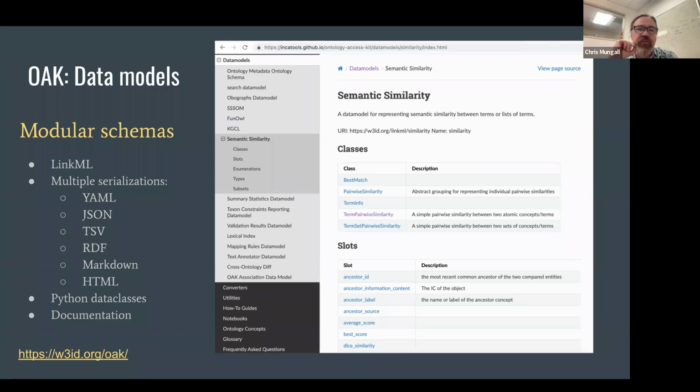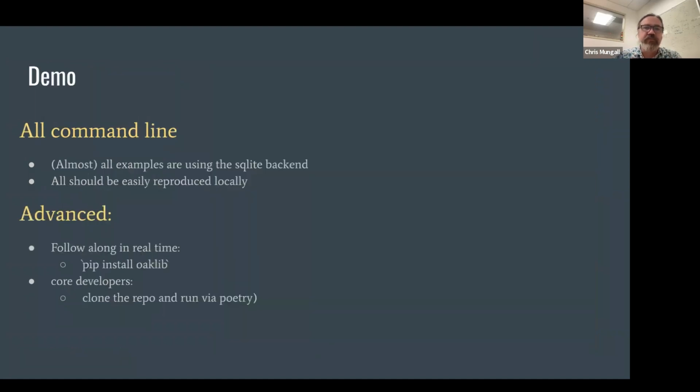And all of these data models are backed by a LinkML schema, which gives you multiple different serializations for data expressed in the data model, from YAML to TSV to RDF. It also gives us Python data classes for the data models and full, complete documentation, as is shown on the right here.